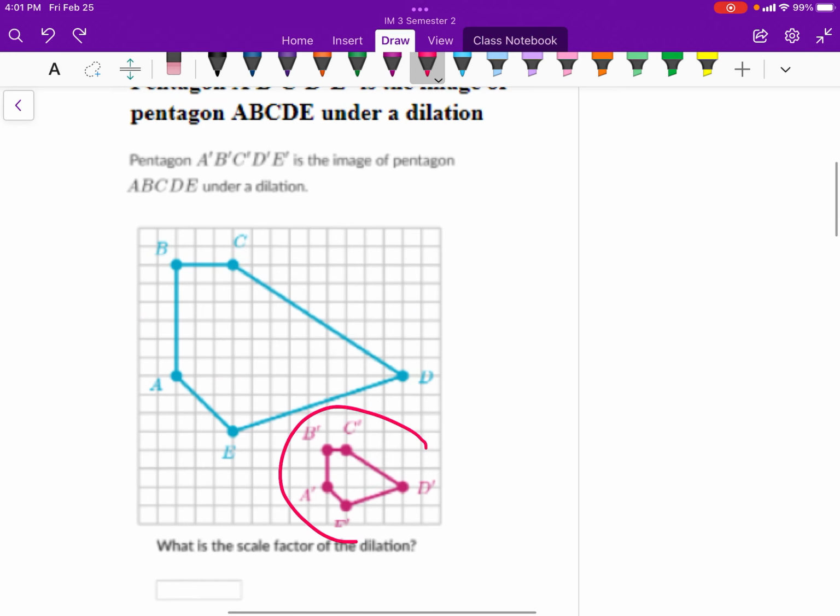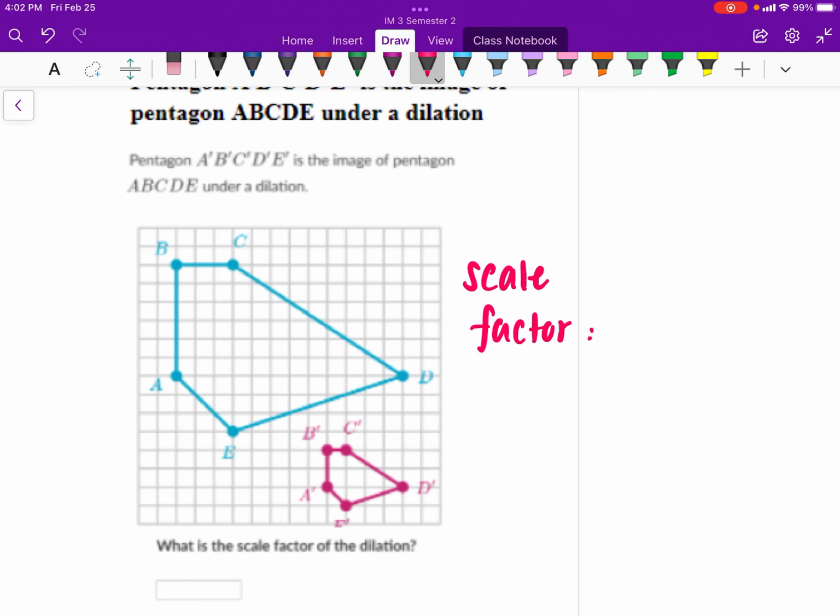And the one in pink is the small one. Now, notice, guys, how the original one is a lot bigger than the second one. So in this case, our scale factor, I forgot to mention this: if you see that the shape shrinks, your scale factor is going to be less than 1.